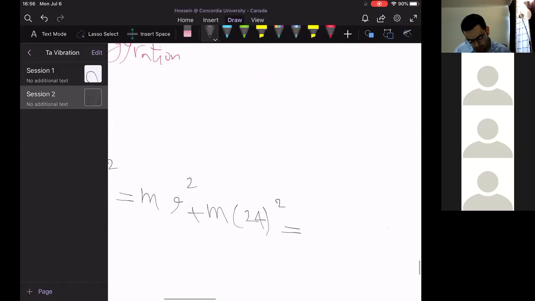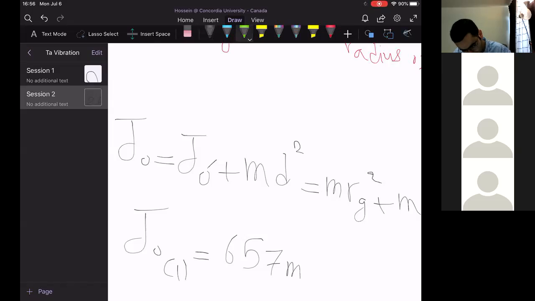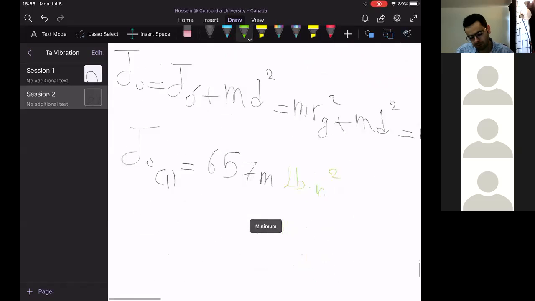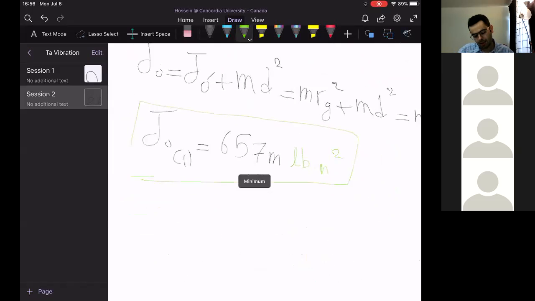In total, the J for the first case is equal to 657 multiplied by the mass of the system, and the unit is pound inch squared. So we are done for the first case, and at the end, we will calculate the corresponding natural frequency.